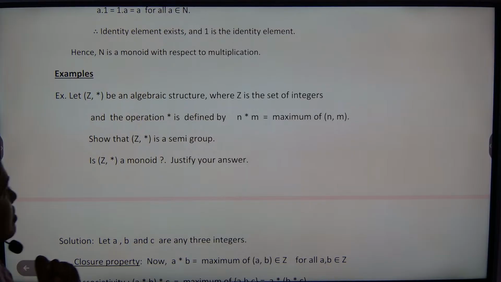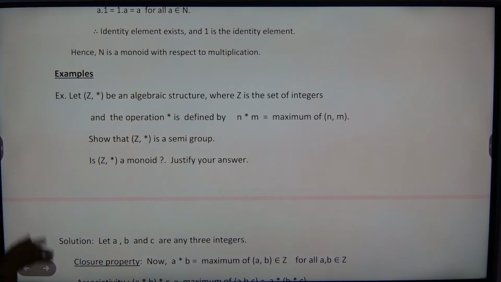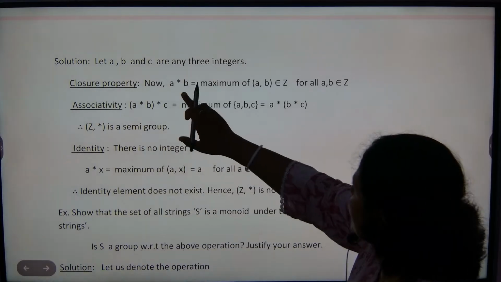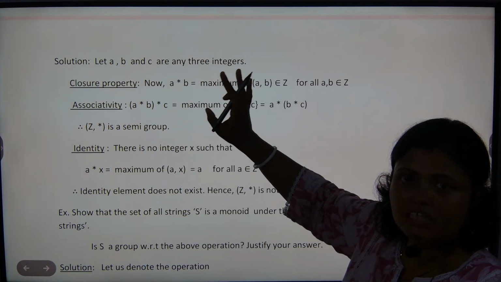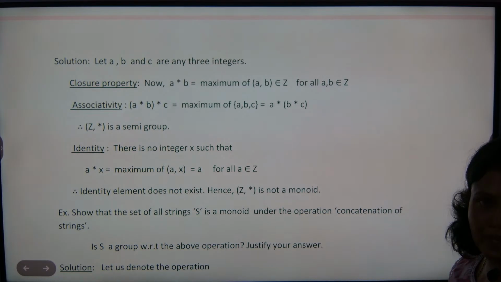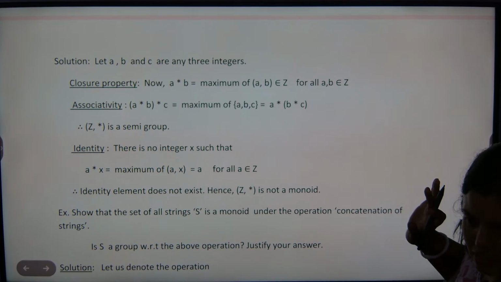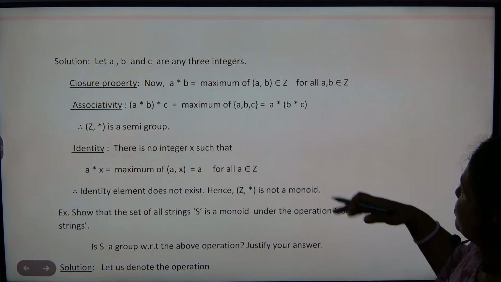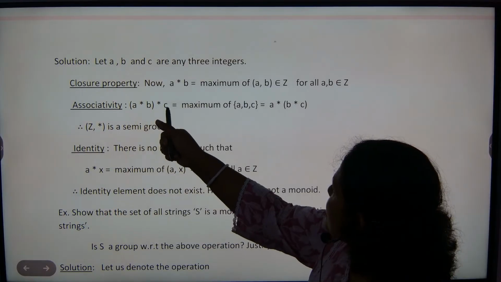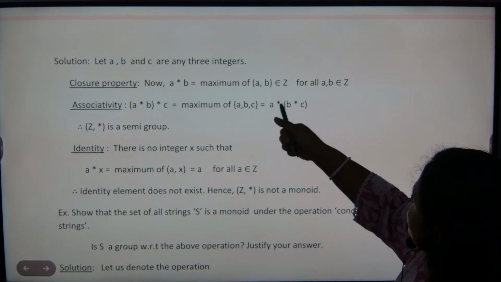Semigroup means closed and associative. So as they have proved, closure means just operate on any 2 elements, a star b. What will be the answer? Maximum of a comma b. It may be a, it may be b, but it must belong to Z. Next again, (a star b) star c is the maximum of a, b, c, the same as a star (b star c).